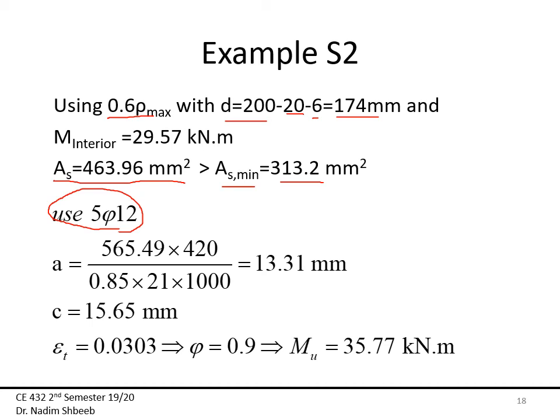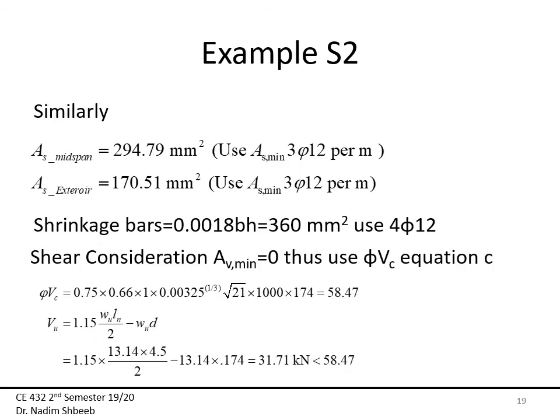All right. Again, here I use the same technique that I used in the previous example to find AS, area of steel. Now I have to check with phi. Then I go with finding A, C, net tensile strain, and M ultimate now is 35.77. Okay, which is again very large, but still moving on, and I will show you why I did not change it.